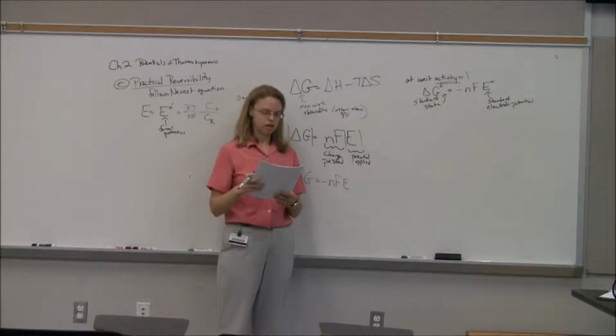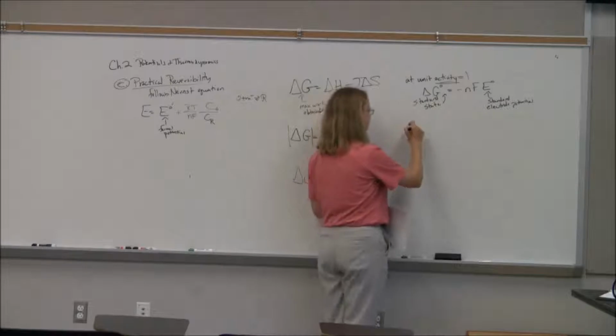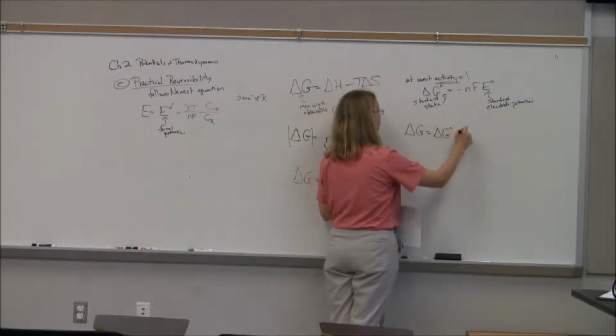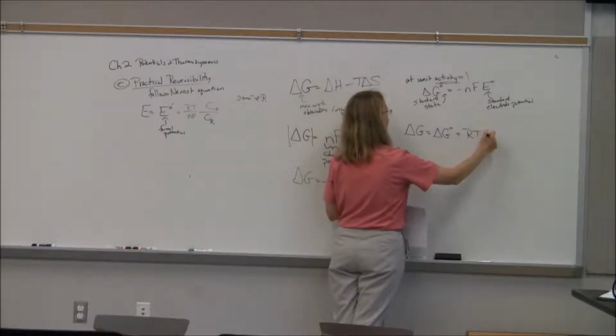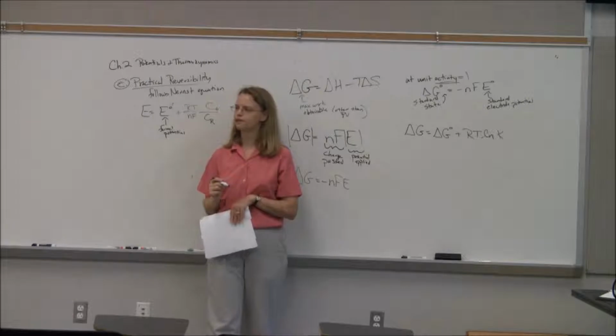Okay, so then another definition of delta G. This one I think you might have seen, but it's probably not the first one your P-Chem professor wrote on the board. So hopefully that one looks pretty familiar too.